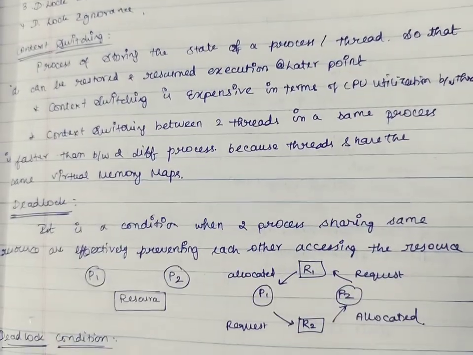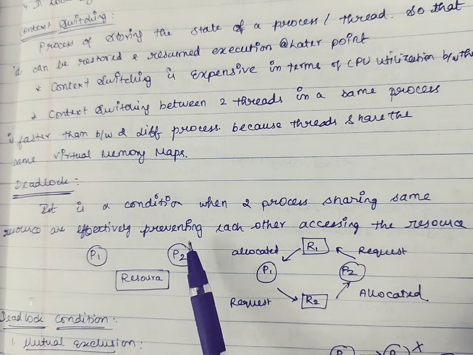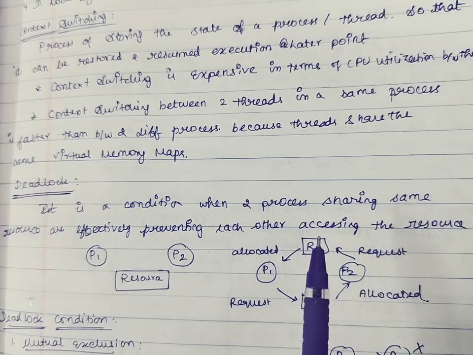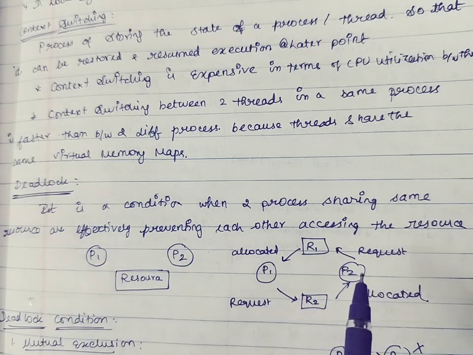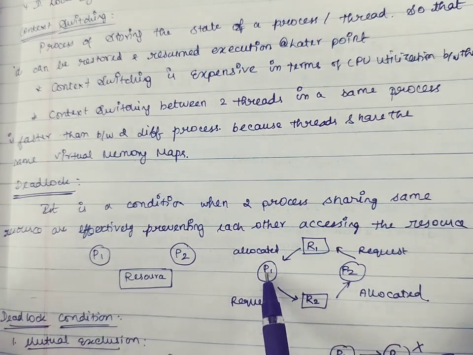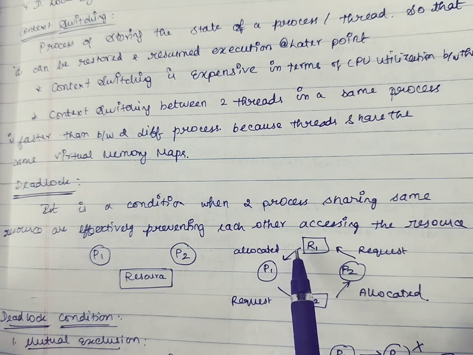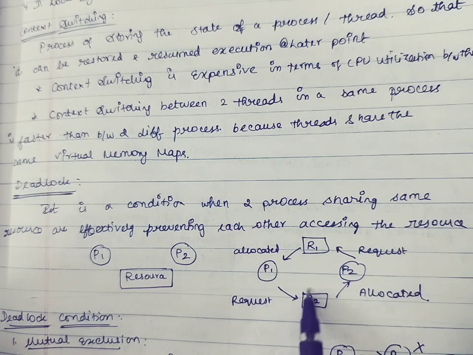Then we can see what is meant by a deadlock. Deadlock is a condition where 2 processes are sharing the same resource and effectively preventing each other from accessing it. Take for example P1 and P2. P1 holds resource R1 and waits for resource R2.